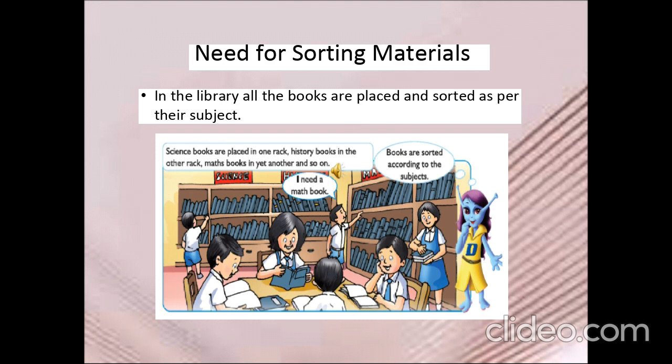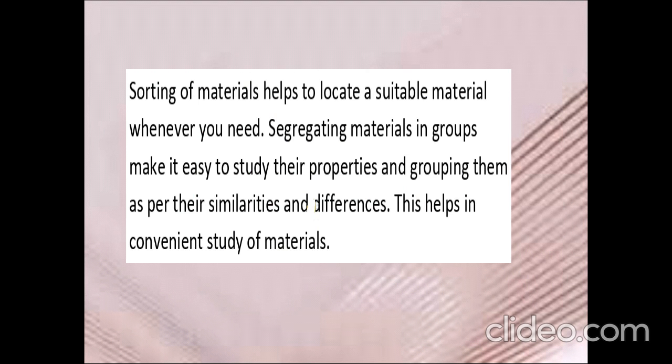Then why do we need to sort the materials like this? In order to arrange the materials in a proper way, we need to sort them. Sorting of materials helps us to locate a suitable material whenever we need it. We can also take the required material from a particular place when we sort the materials in order, so that we can find the particular object in an easier way.